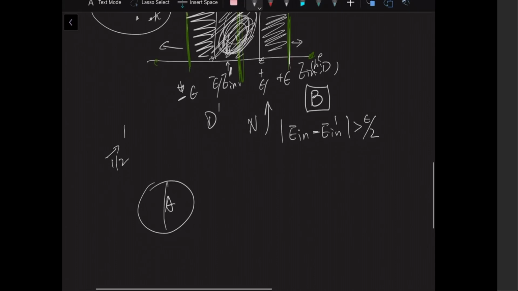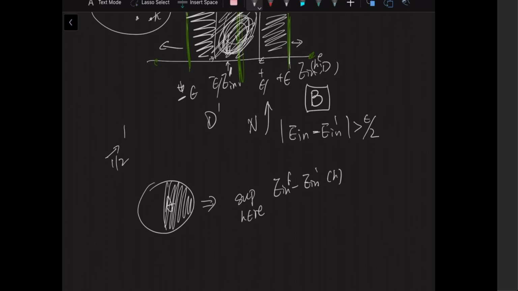So we cut half of A. In this half of A, this will imply that we must have the supremum over H in H of the difference between E in and E in prime, of course we are considering this H, greater than half of epsilon, and that is B or B prime. They are linked to each other.